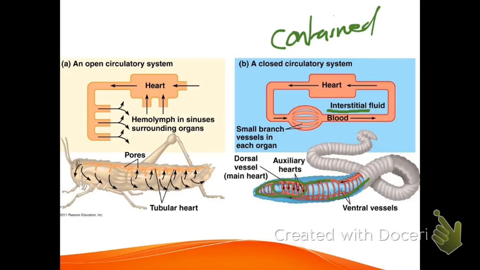Compare that to the grasshopper, where we still have the pumps, but the tubes end, and the hemolymph just goes out into the tissue fluid, into the tissues. So the hemolymph is the tissue fluid, it's the same thing, before returning back to the heart.